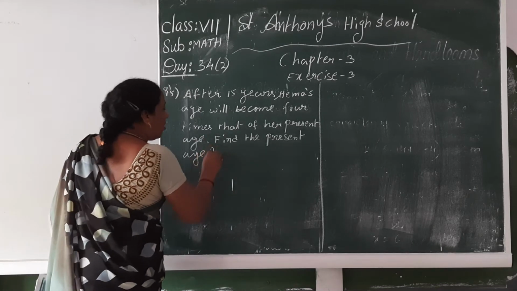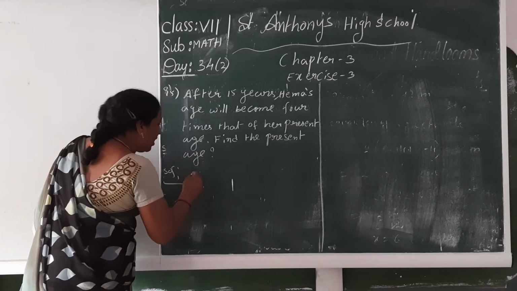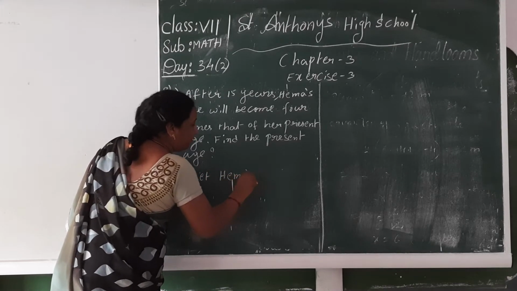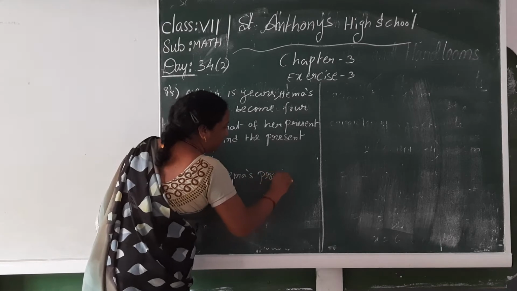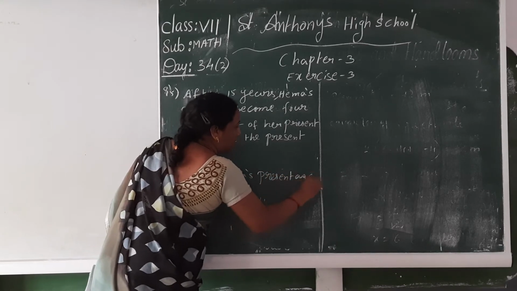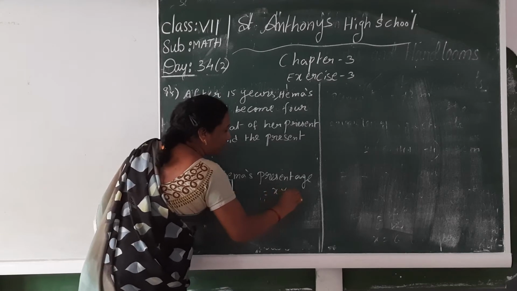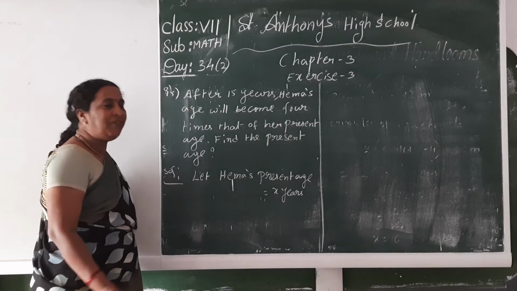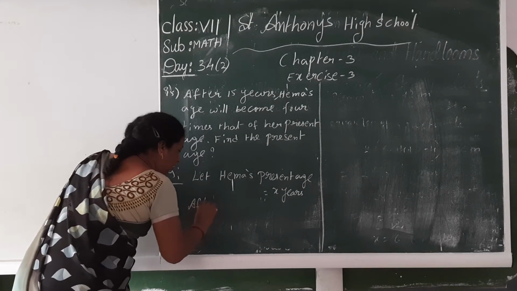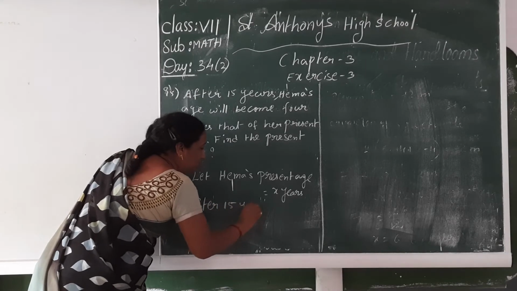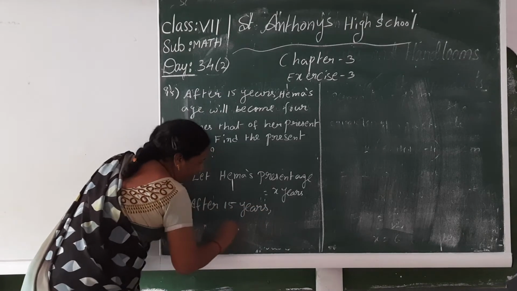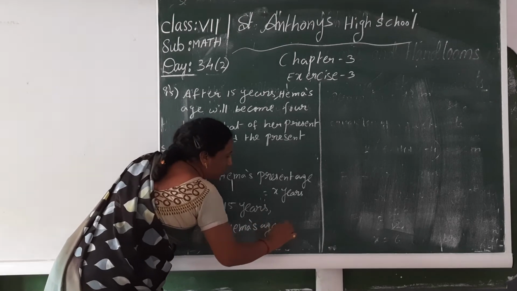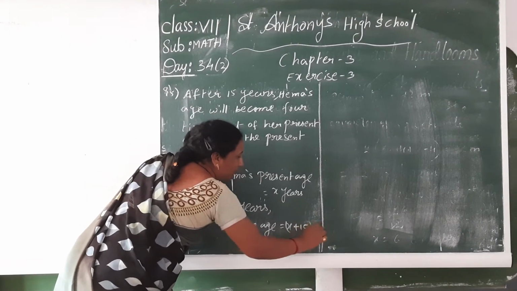Okay. Let the present age of Haman be x years. After 15 years, Haman's age is to be x plus 15 years.